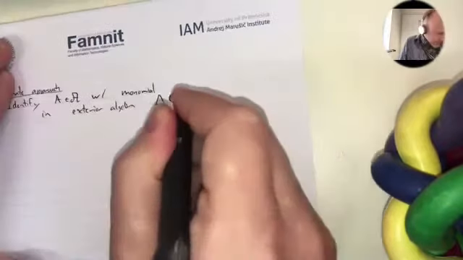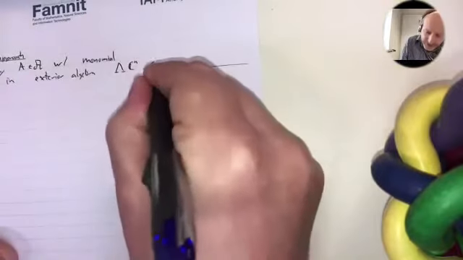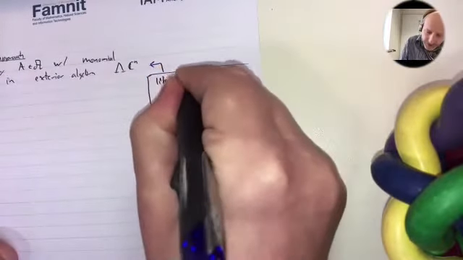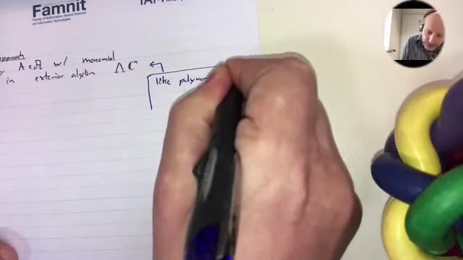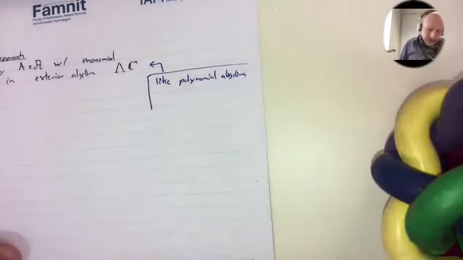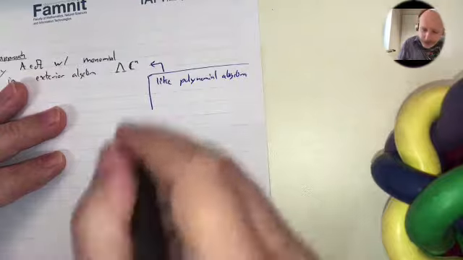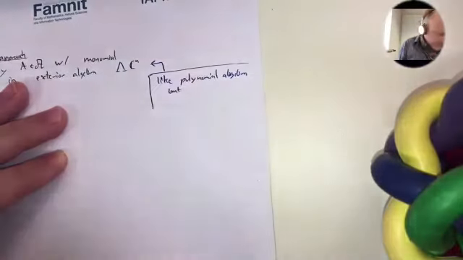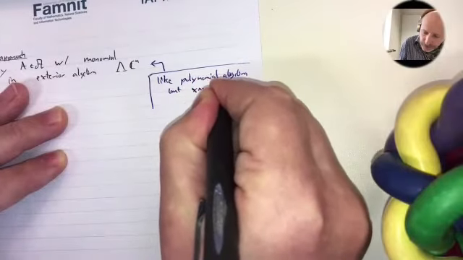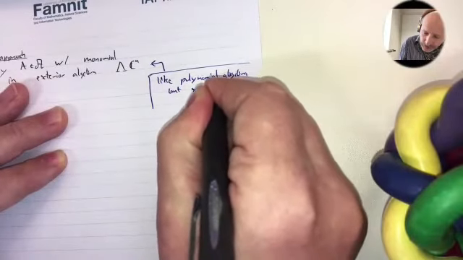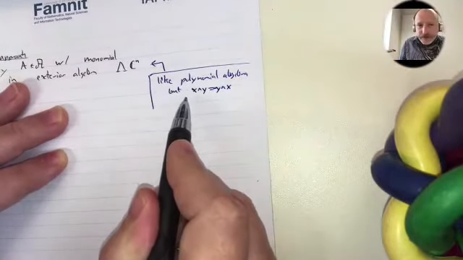But the thing to say about this is that it's like the polynomial algebra on n variables, but I'm going to write a wedge for a product, and it's anti-commutative. So it's not commutative, but it's the next best thing.